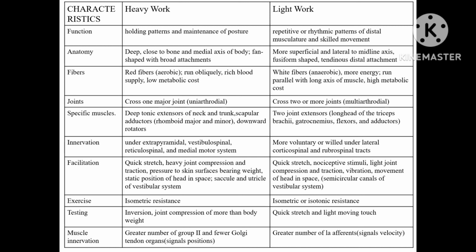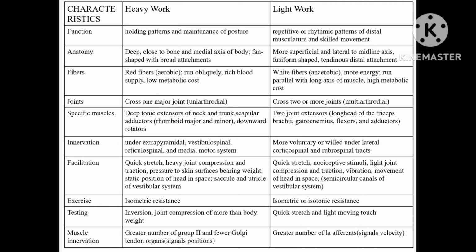So what exactly are the muscles included for the heavy muscles? They are the proximal muscles, that is the deep tonic neck muscles, the scapular muscles, the rhomboids minor and major, and the rotators. All of these are the proximal, heavy muscles. Light muscles are usually the distal-most muscles, for example triceps, gastrocnemius, flexors or adductors.